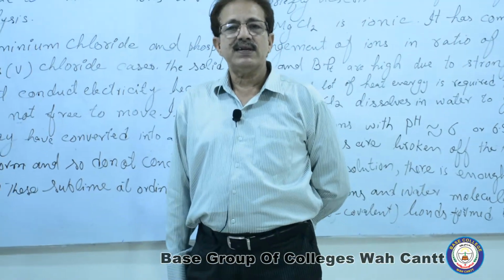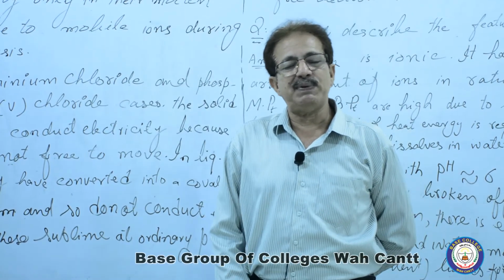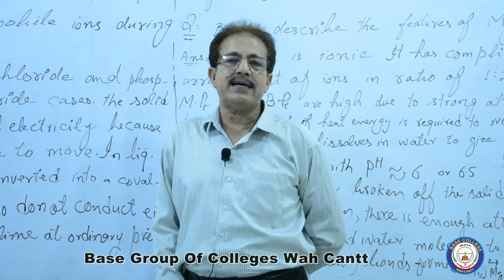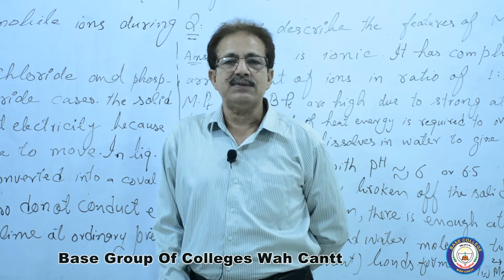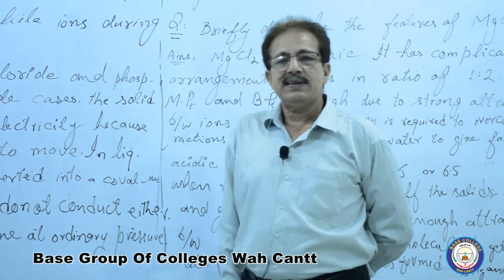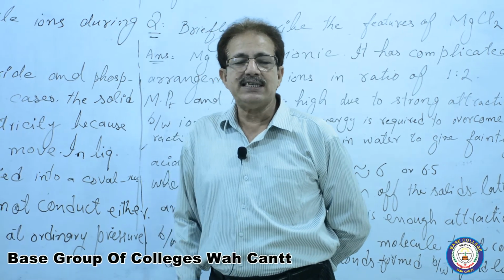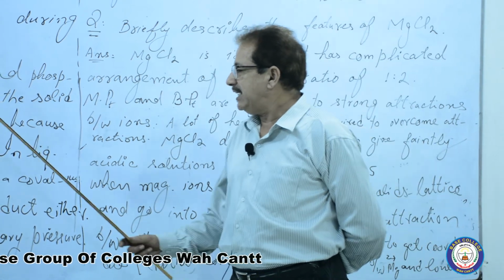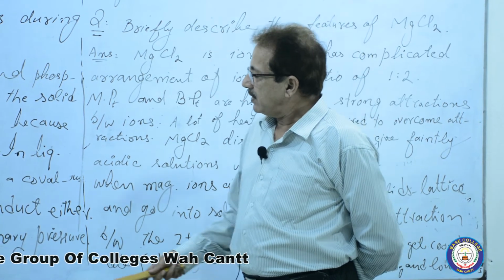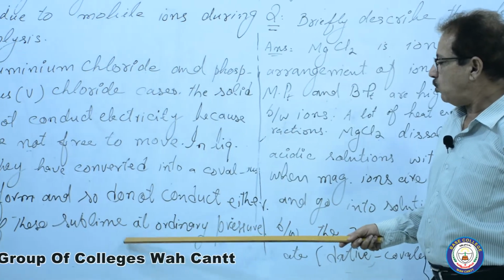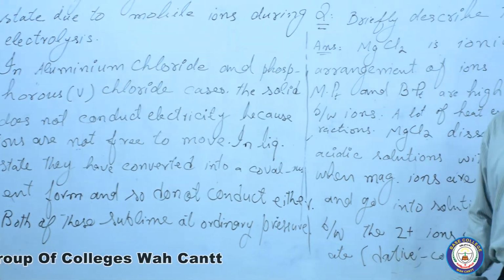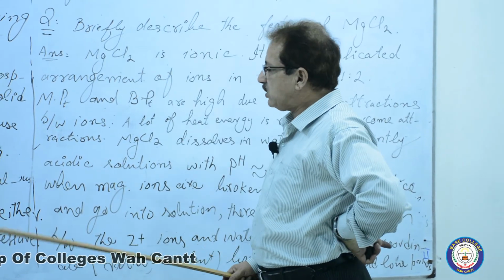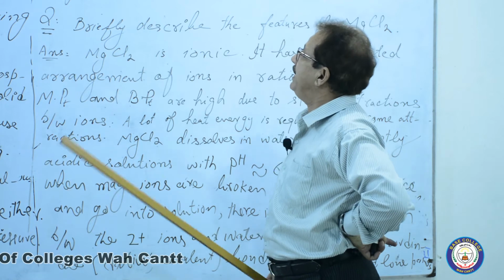It means whether they are solid or liquid, they do not conduct electric current. The reason is this: they have no free ions and no free electrons, therefore conductivity is impossible. Both of these undergo sublimation at ordinary pressure, so at high pressure we will have to maintain them.